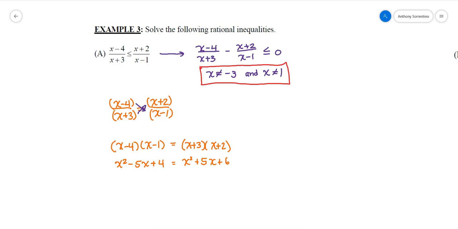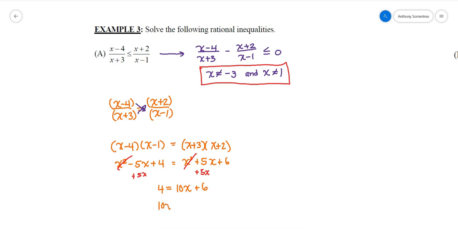Since it is quadratic in nature here, I want to get it set equal to 0. I would subtract x squared from both sides, and they would simply cancel. I'm going to add 5x to both sides, and I get 4 equals 10x plus 6. I subtract 6 from both sides.